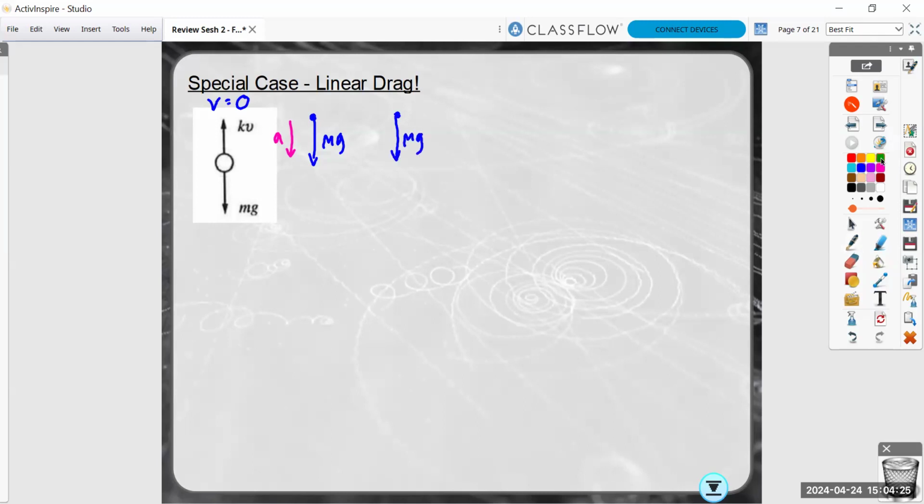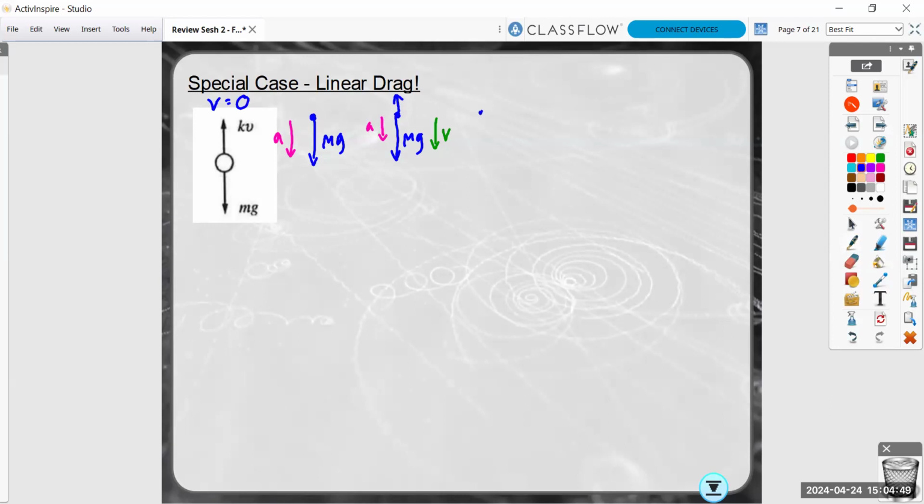But now it does have some velocity, and because it has some velocity, there's a little bit of drag, right? And because there's a little bit of drag, what happens to our acceleration? It's smaller, it's still down.